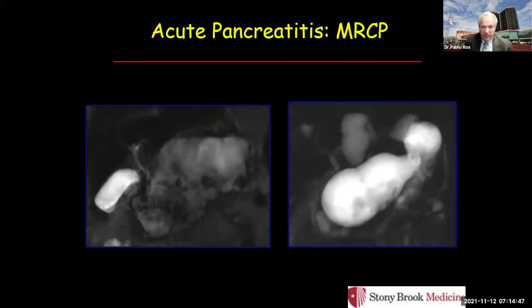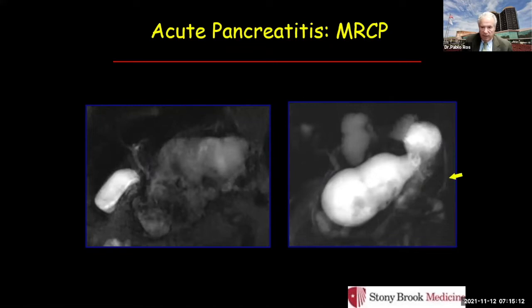Again, MRCP allows you to see, this is a very large dilatation of the pancreatic duct. But in here, you can see the pancreatic duct, the common bile duct and the pancreatic duct displaced by this large fluid collection, peripancreatic phlegmon.